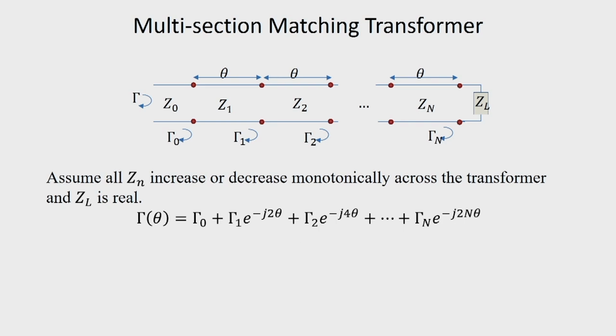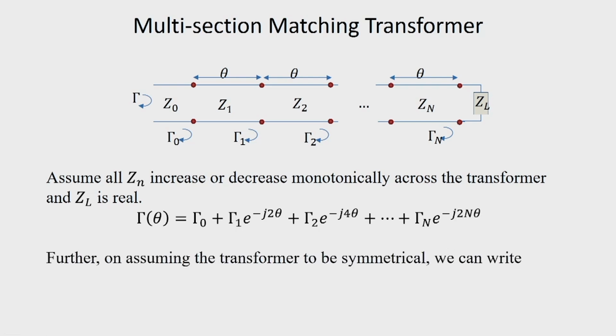If we consider the theory of small reflections that we have discussed, we can write gamma, the overall reflection coefficient, as a function of theta as gamma 0 plus gamma 1, this is the partial reflection coefficient, e to the power minus j 2 theta plus gamma 2 e to the power minus j 4 theta and so on up to gamma capital N e to the power minus j 2 capital N theta.